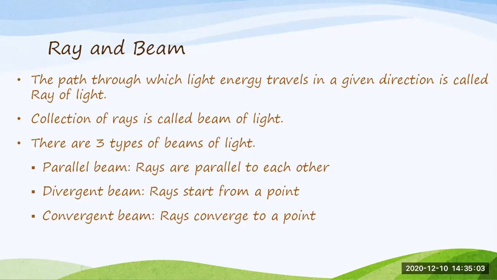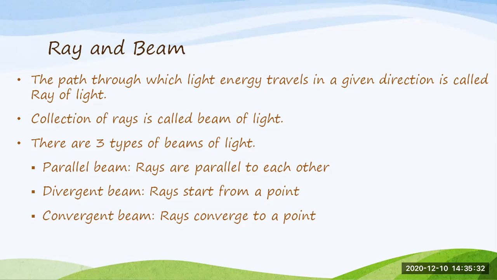So this light travels in any of these directions or any northeast or northwest direction. So the path which the light travels in any direction is called ray of light. And together, they are called the beam of light.